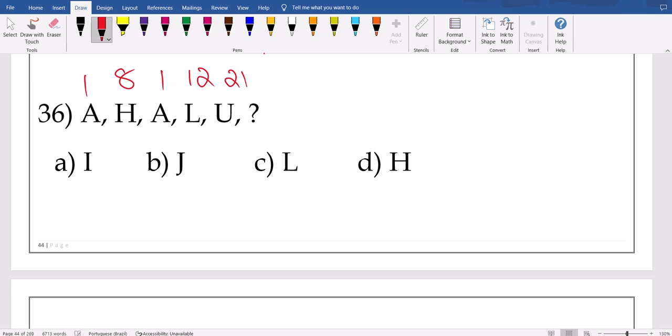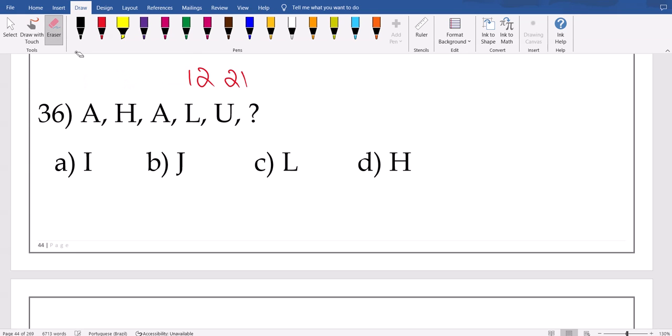A plus L is 13, yes. H plus, okay. Then again for A, you are saying L.